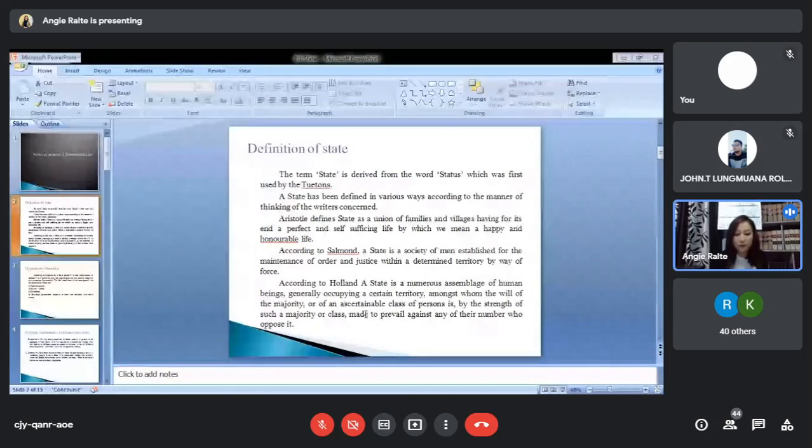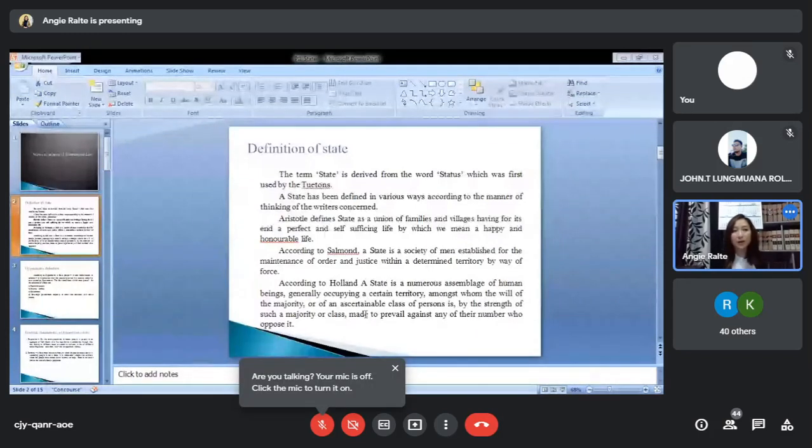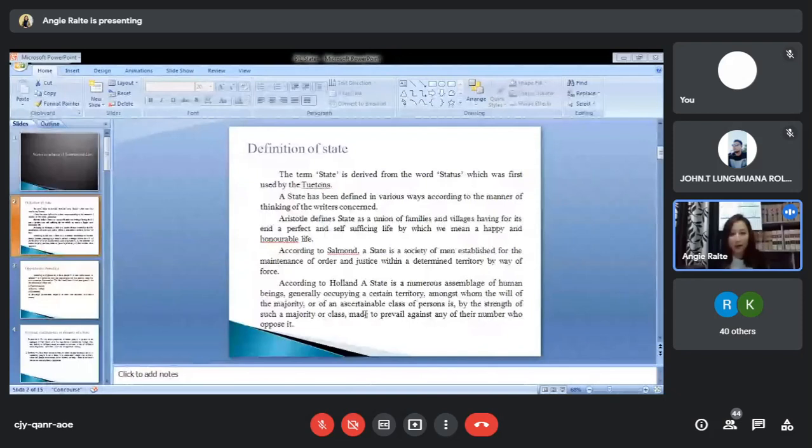common subjection to the government, and they have the capacity to enter into relations with other states and other nations. So in international law, an appropriate definition is not given, but we can say that the state is a society of men occupying a territory.